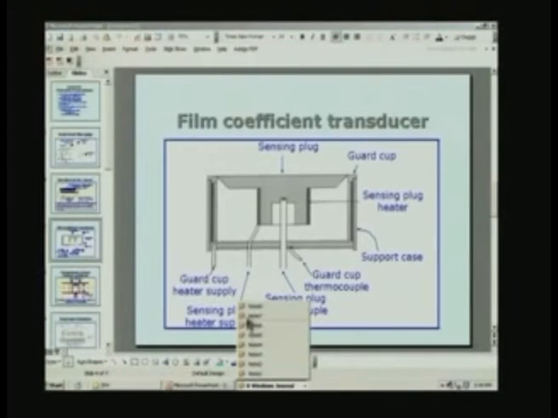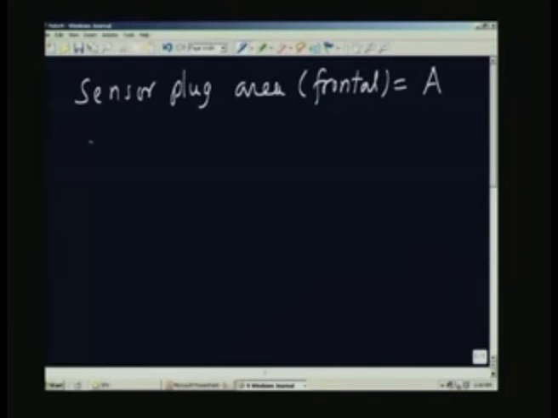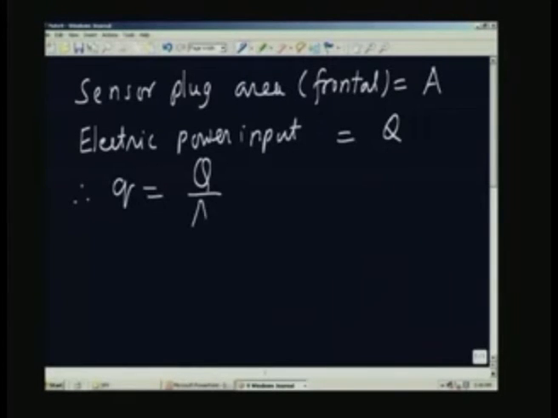and we can immediately work out the formula for the heat transfer. So, suppose the sensor plug area, that is the frontal area, is equal to A, then the electrical power input Q is nothing but E squared by R or E times I. Then the heat flux is Q by A, and I am measuring the temperature of the sensor plug Ts, and I am also measuring the temperature of the ambient Ta.